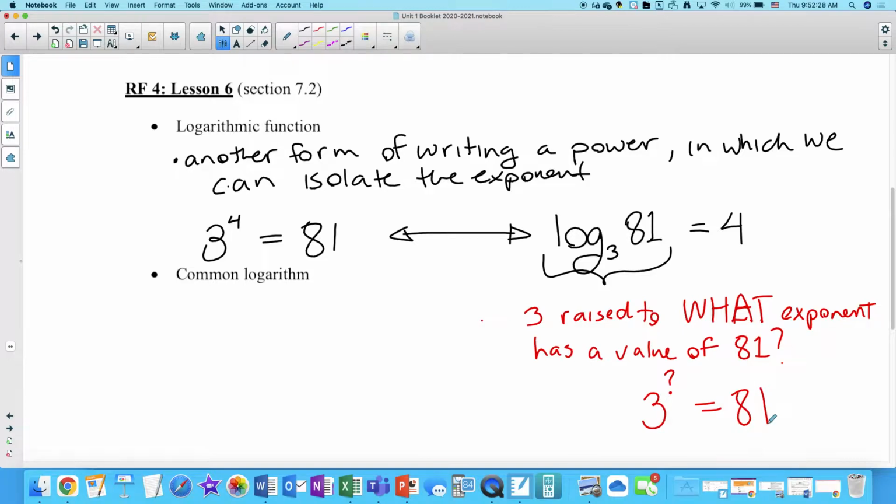Now, why do we do this? Well, there are certain applications in the world where it's more simple to just keep track of the exponent on a value rather than the value itself. And that is typically when we're measuring something that has an enormous range of values.